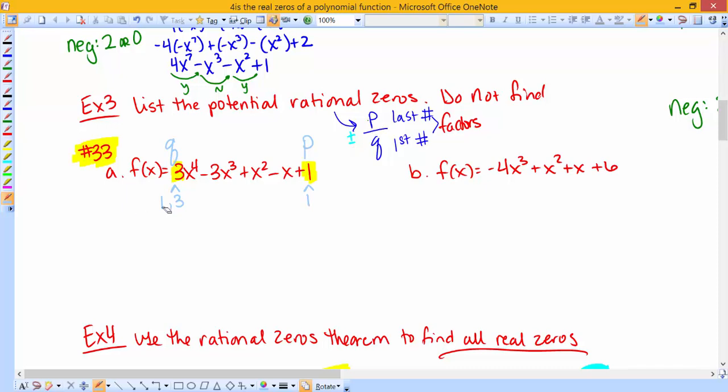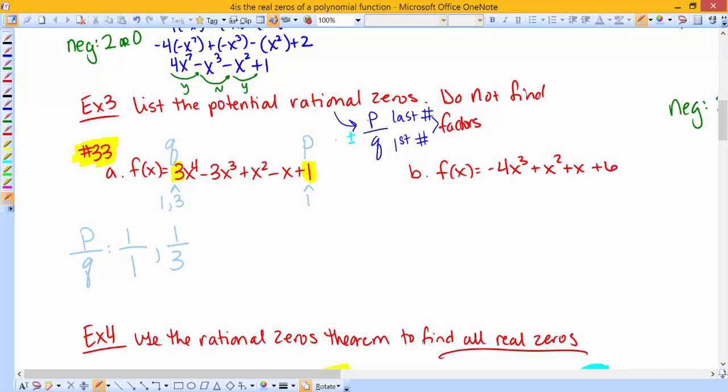So I look at my factors. P was 1. So to find my P over Q, P is 1. What is Q? Q is 1 and 3. So I have to put a 1 over 1 and a 1 over 3. You have to use each P for each Q. So you'll see in this next one, we're going to have a lot to write out.